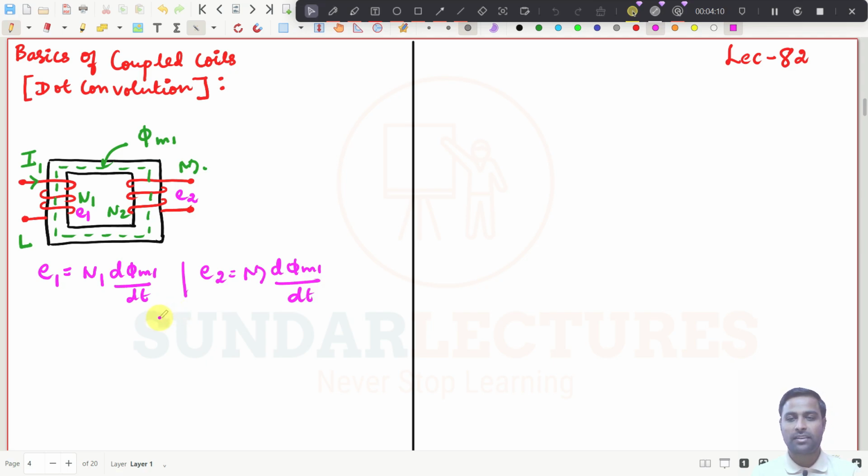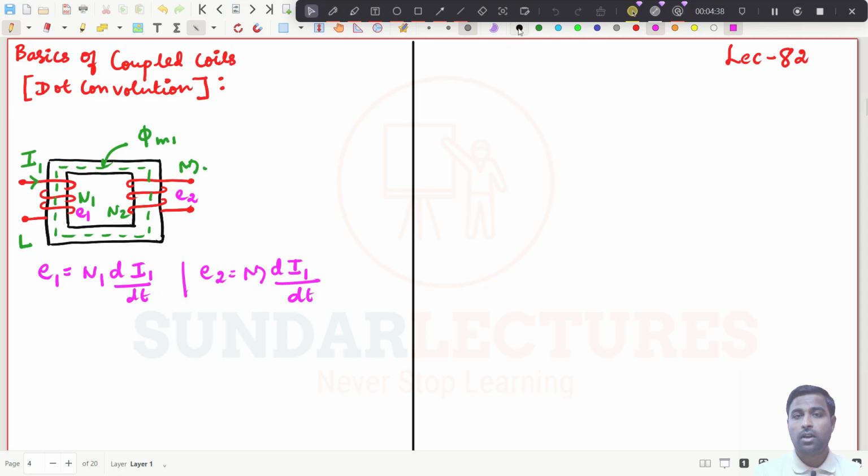Can you understand? Oh sorry, I made a mistake. This is M into di1 by dt, since the first coil is excited, mutual inductance, right? So this is the formula.